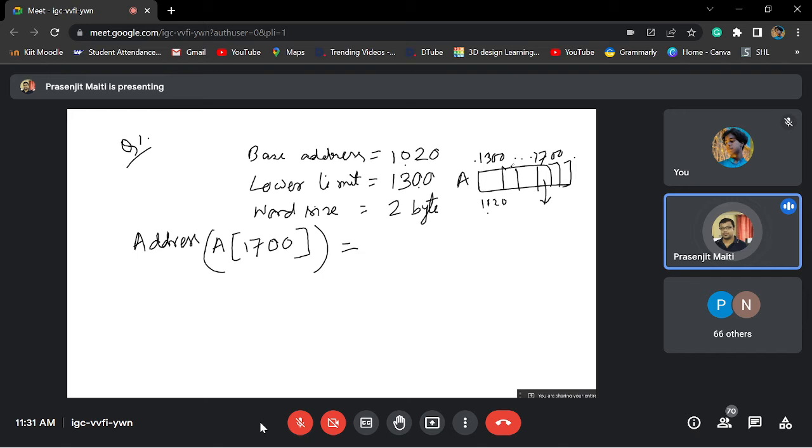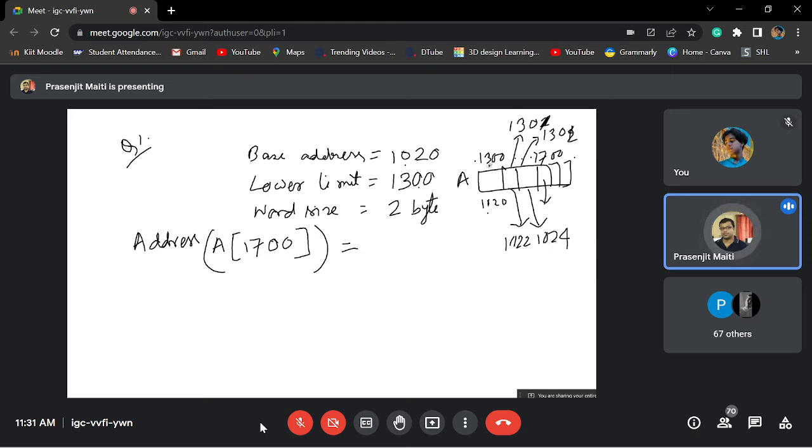The first address is 1020. What is the next address? 1022. Next address 1024.